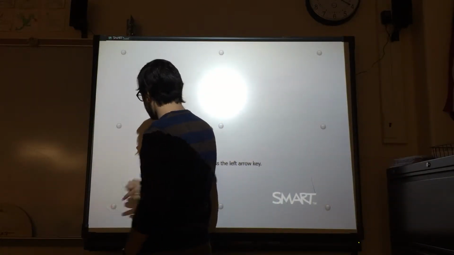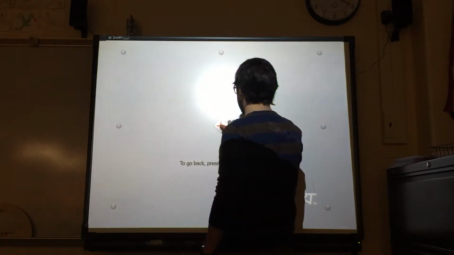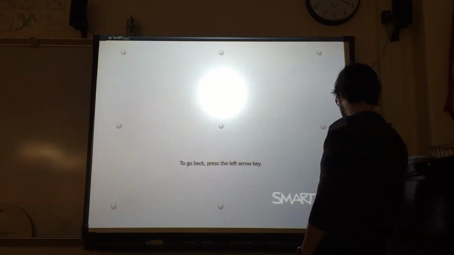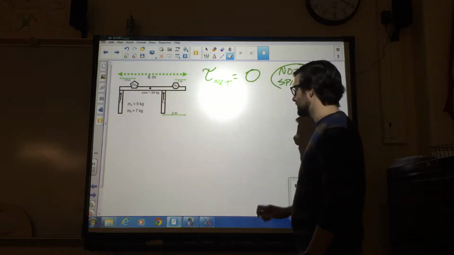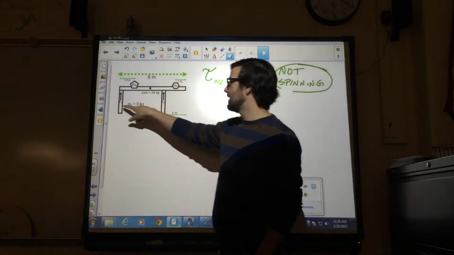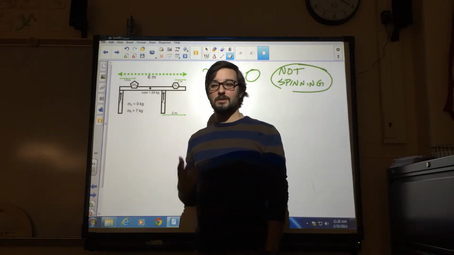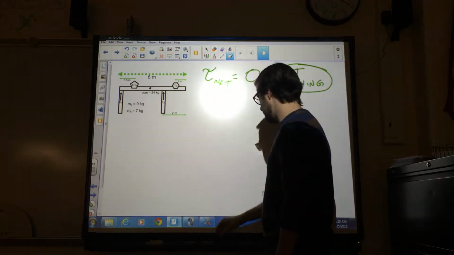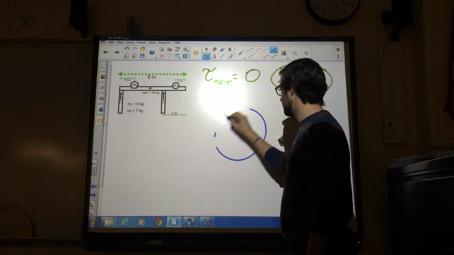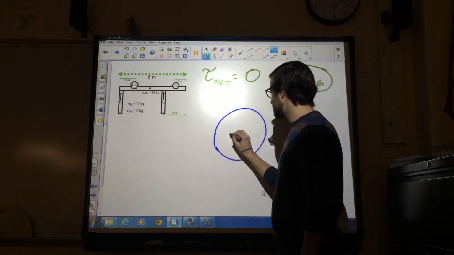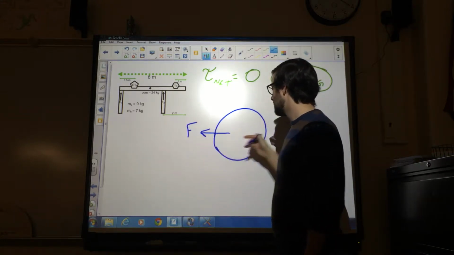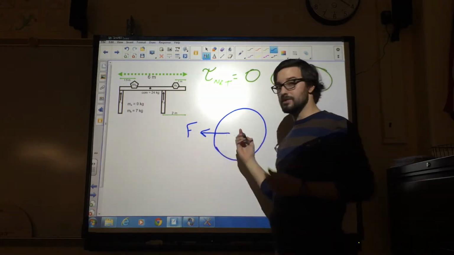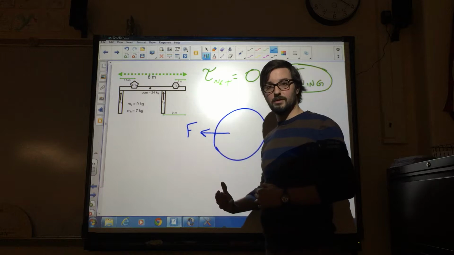So since we can place the hinge wherever we want, the hinge or fulcrum or whatever you want to call it, we can place it wherever we want. Easiest place to put it is going to be somewhere such that F1 and F2 do not affect the torque. See what I'm saying? Remember, we've seen pictures like this where there is a horizontal force acting on a circular object, but it exerts 0 torque because it wouldn't cause the object to spin.